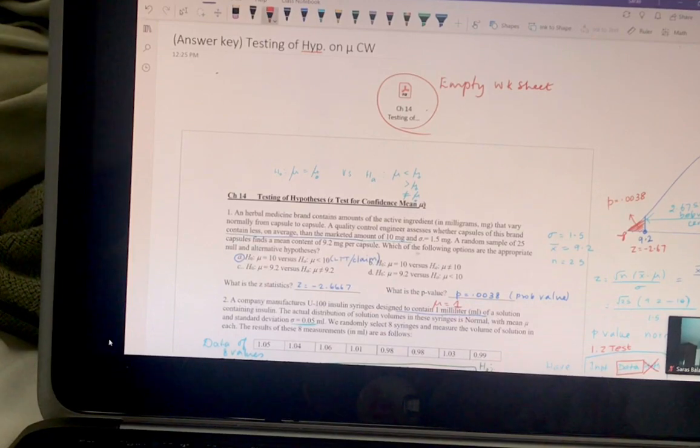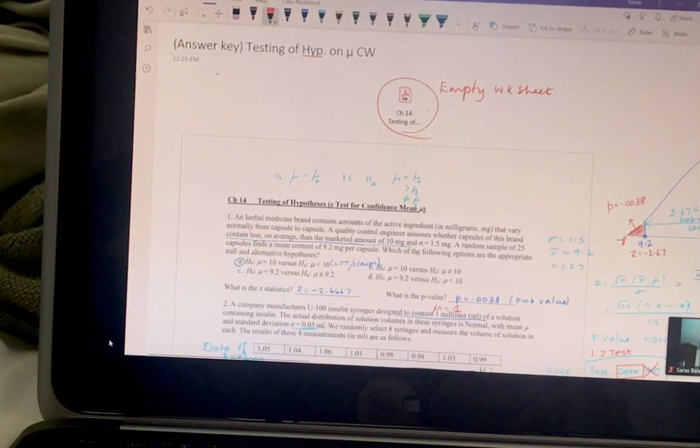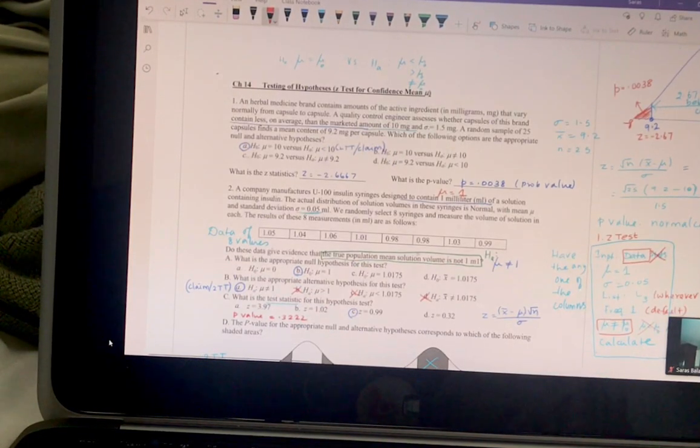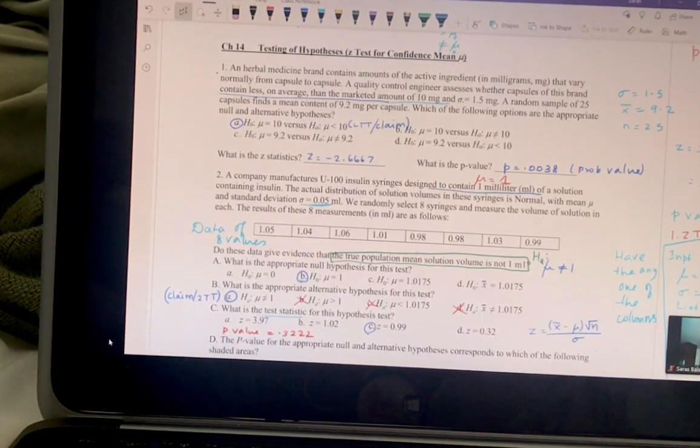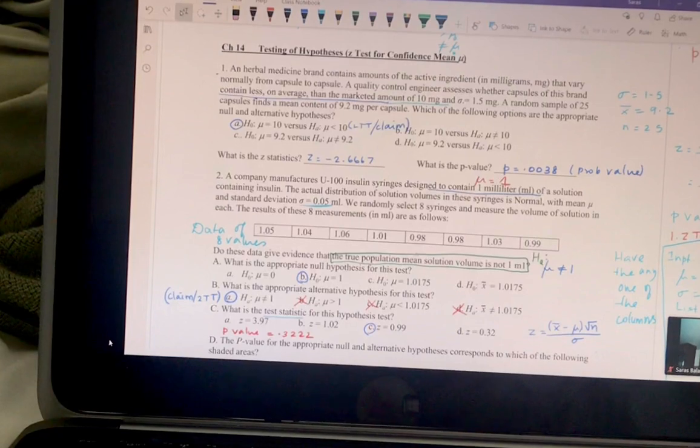This is the empty worksheet. All right, so let's see the first problem. Maybe just one problem, or one or two pages. I don't know. It all depends on your understanding and the time. All right.